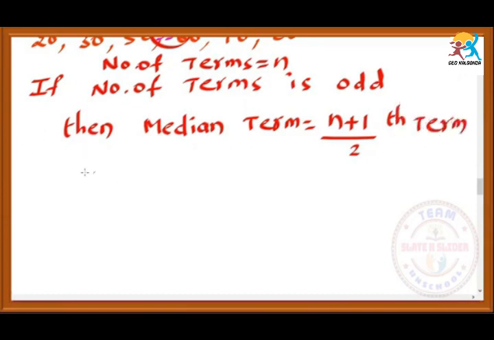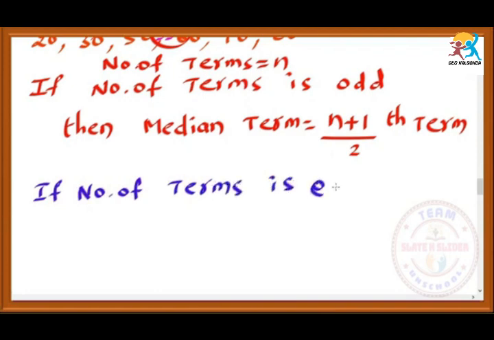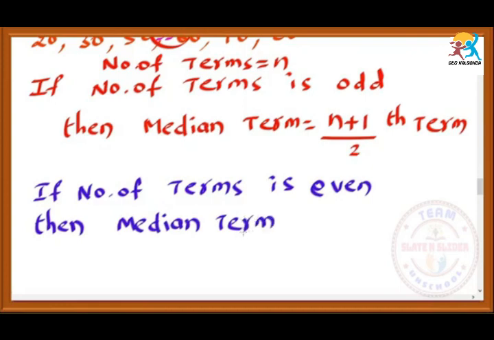Suppose the number of terms is even, then the median terms are equal to, here we get two terms. Since n is even, we can make it half: the n by 2 term, comma, and we have to add 1 to the half of n, that is the n by 2 plus 1 term.